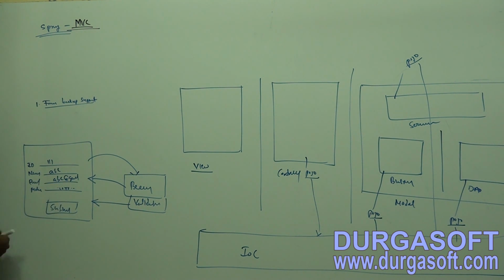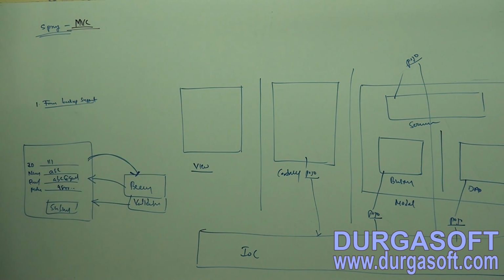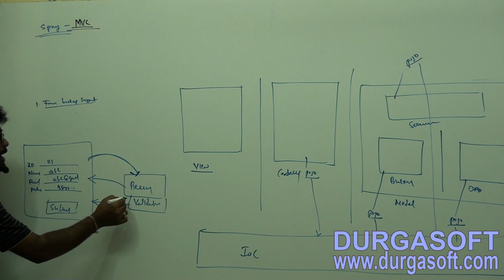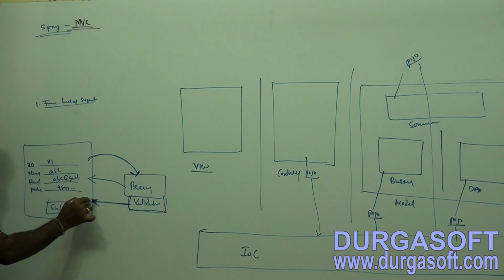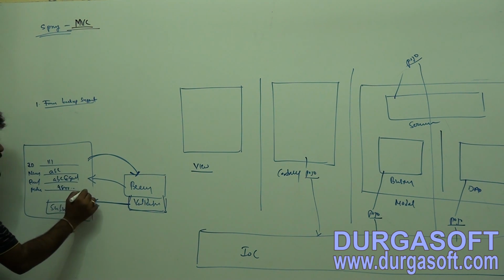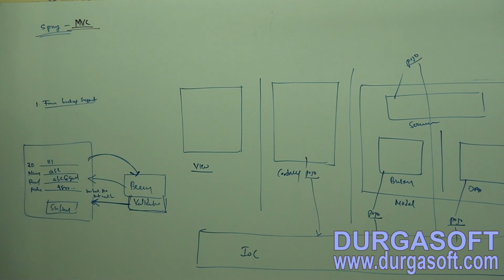Whenever you submit this data, the framework needs to store that data under a bean, and it needs to execute validations. After completion of validations, validation errors it needs to print here. Means here mobile number not valid. A message it needs to display here.